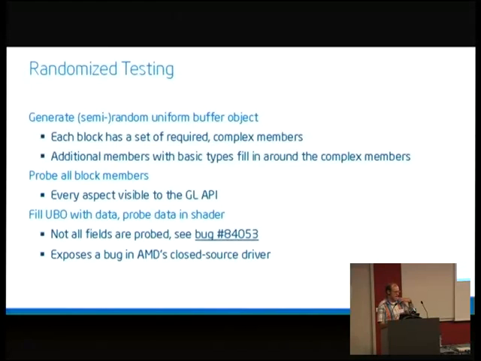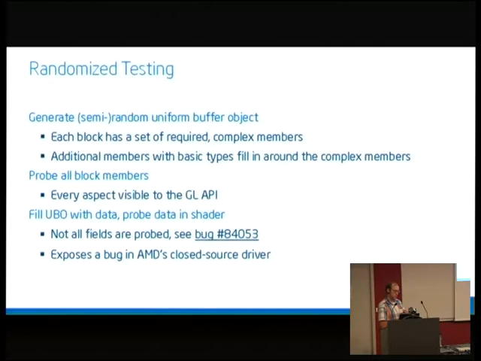make just an infinity of tests by generating a random or semi-random uniform block, and as the block is being generated, apply the rules in the test script to know where each field should be, and then generate probes that query through the GL API everything about every field that can be queried through the GL API.